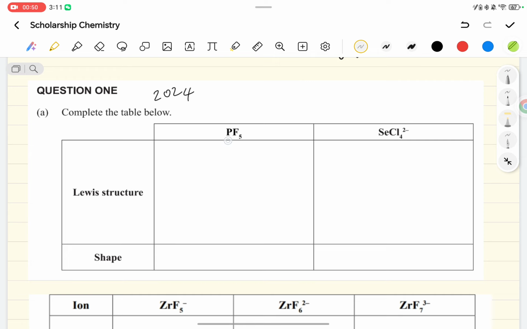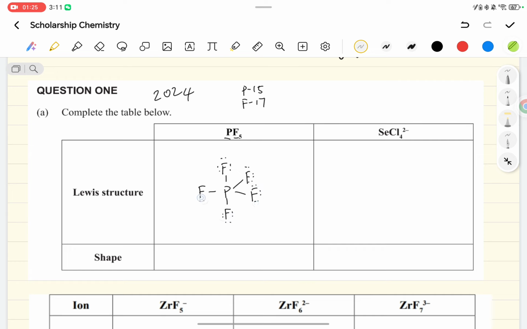We have to first look at whether P or F is our central atom, and in this case it will be P, because P is in group 15 and F is in group 17, so P can make more bonds than F. So now we can easily draw our 5 fluorine atoms around the central phosphorus atom, with their lone pairs, of course.